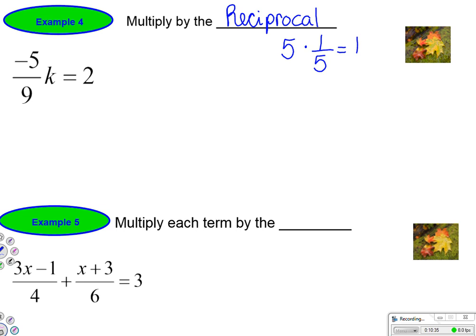No. Oh gosh, you guys. It's inverse because it gives us 1. Multiplicative identity is when you multiply by 1. Here we're multiplying by the inverse, 5, and its inverse is 1 divided by 5. That'll yield 1. So I'm going to take this and multiply by its reciprocal.